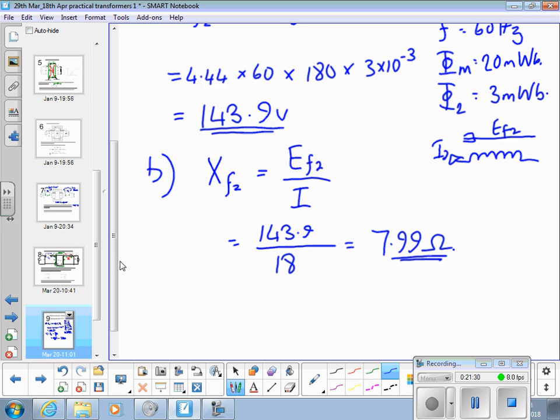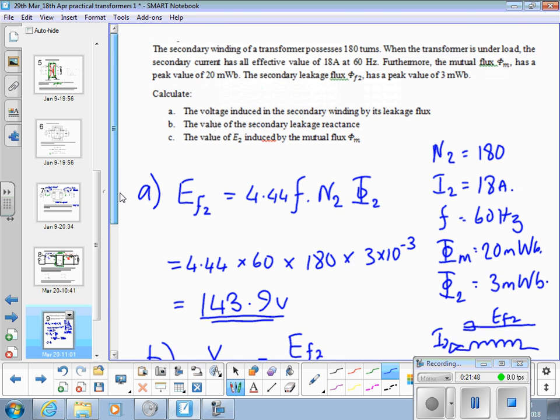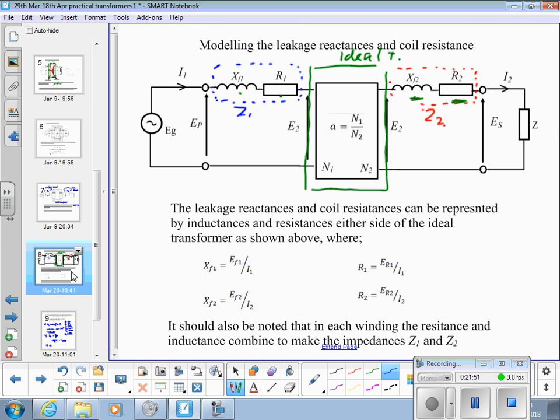Okay, and then part C, the voltage induced by the mutual flux. Just go back to the previous diagram.